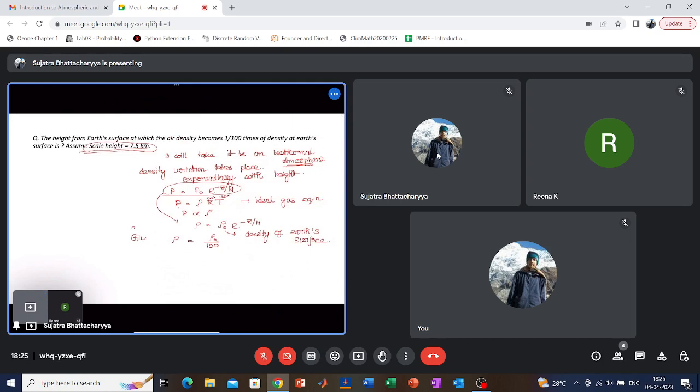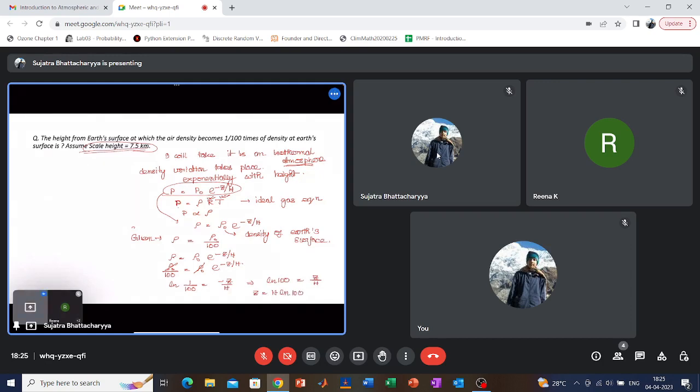This is given, right? Therefore, we can write rho is equal to rho naught e to the power minus z by h. Therefore, rho naught by 100 is equal to rho naught e to the power minus z by h. Rho naught cancels. Take log. This is 1 by 100, this is minus z by h. So if I just change it to log 100, this minus goes. Z will be h log 100.